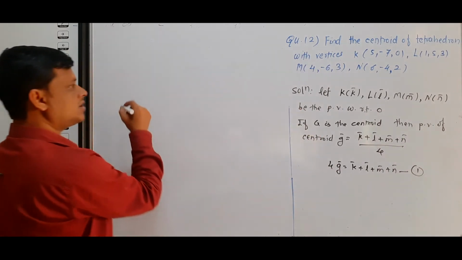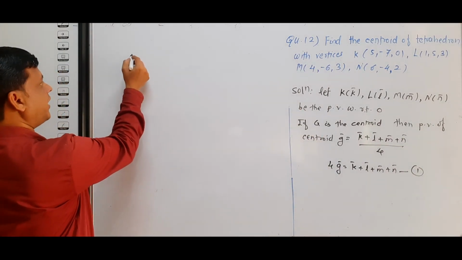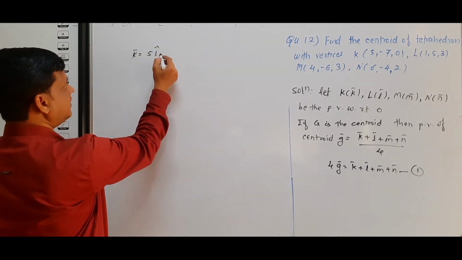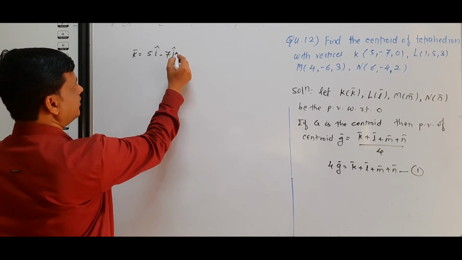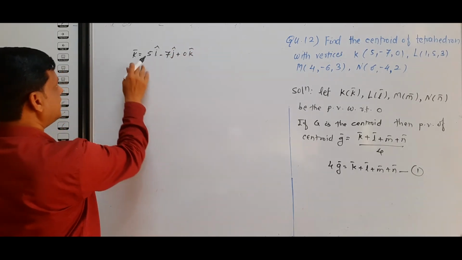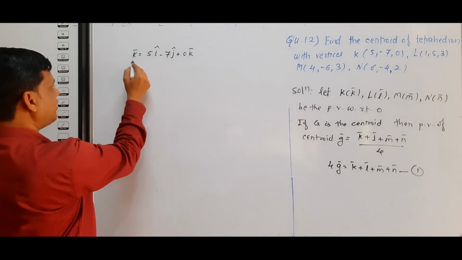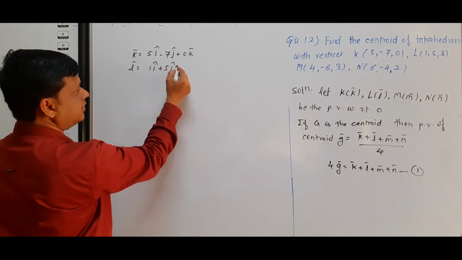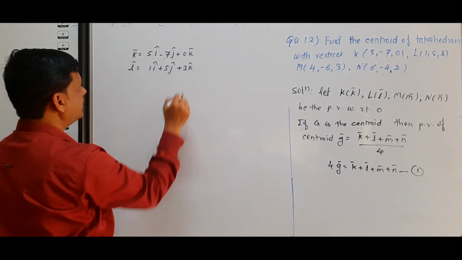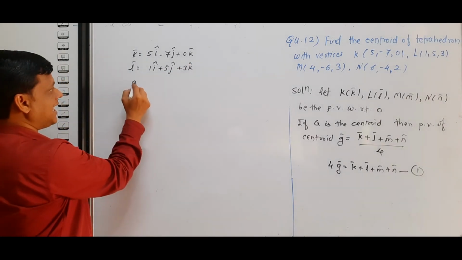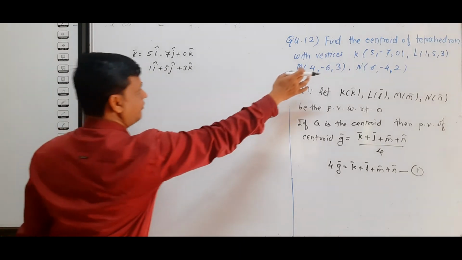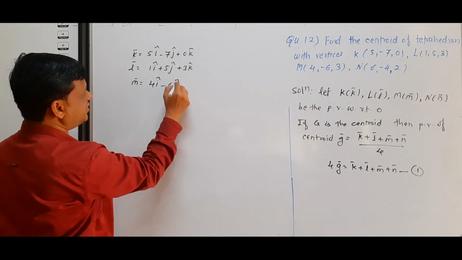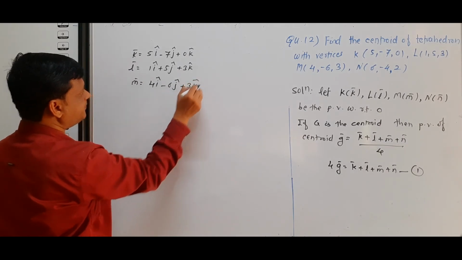First we write the position vector of each point. So K bar equals 5i minus 7j plus 0k. Then L bar equals 1i plus 5j plus 3k. Then the position vector of M, M bar equals, from point M, 4i minus 6j plus 3k.